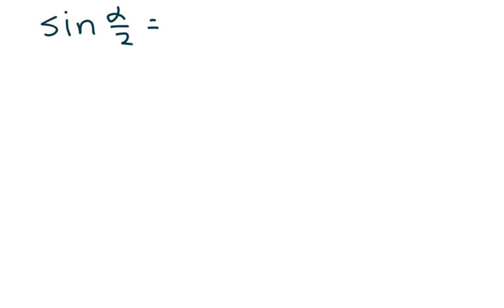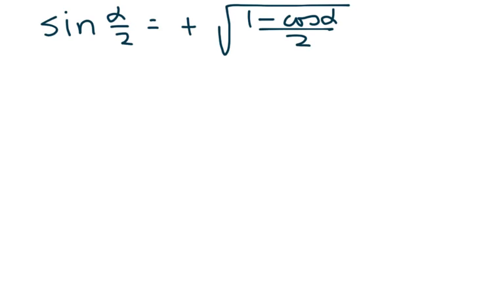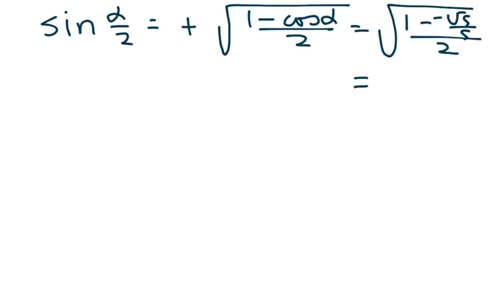That's going to be the square root of 1 minus cosine of alpha over 2, which equals 1 minus cosine of alpha, negative root 5 over 5, over 2. And this equals 5 plus root 5 over 10, because I'm multiplying these two.